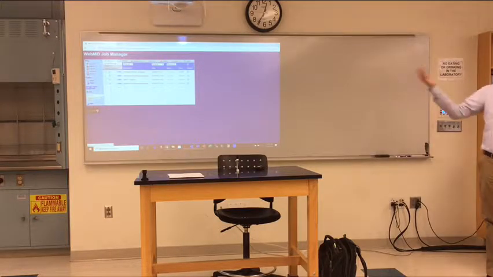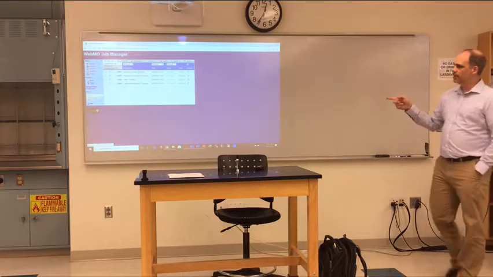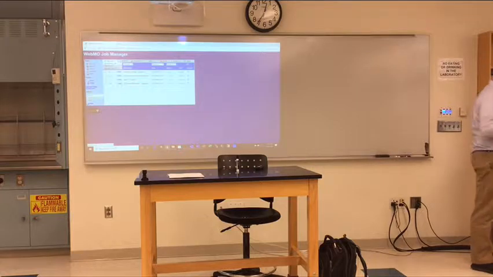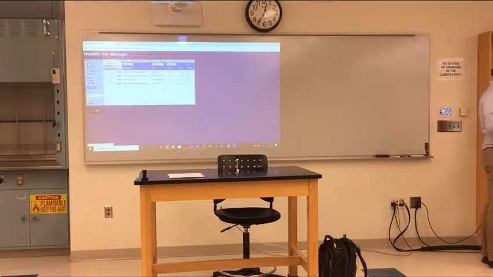There's WebMO, and there's three: Spartan, WebMO, and Gauss View. The Spartan and Gauss View are really expensive. We have a license for Gauss View. So WebMO is also expensive, but so we got two of the three. But the Gauss View is the most widely used.